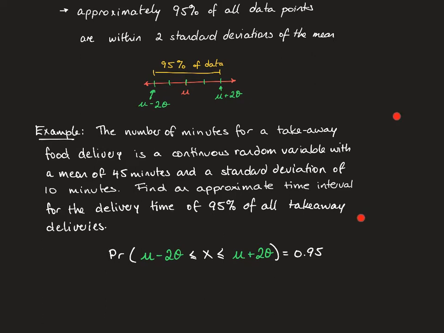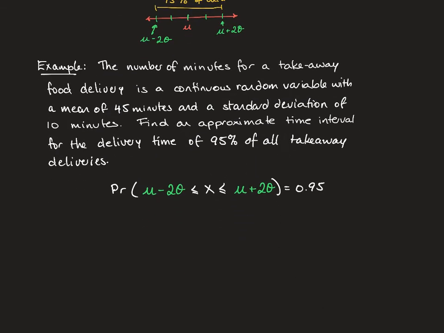So how do we go about working out those values? So what we do is we take the mean value of 45 for here. Let me just put that on the top. So that's 45, that's 45.